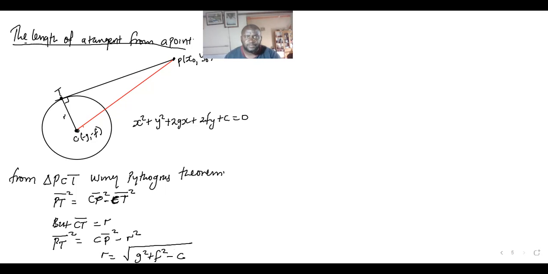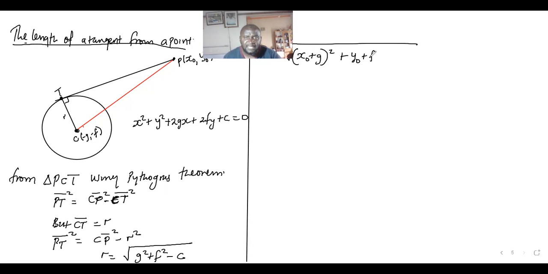Now, also, if we already have the center of the circle, which we all know how to find now, and they have given you the known point whose distance we want to find, then I can find the CP using coordinate geometry, which is the square root of (x0 plus g) squared plus (y0 plus f) squared as my CP.